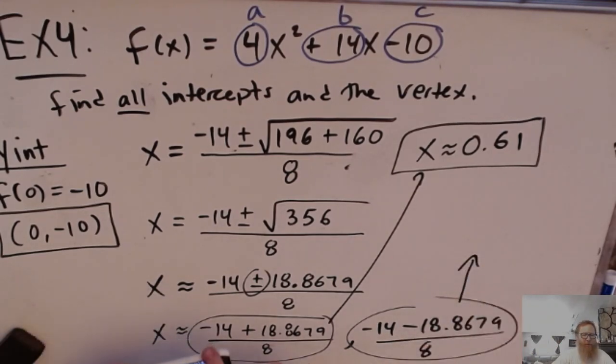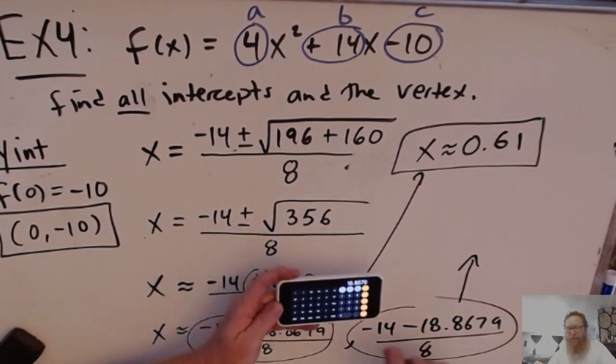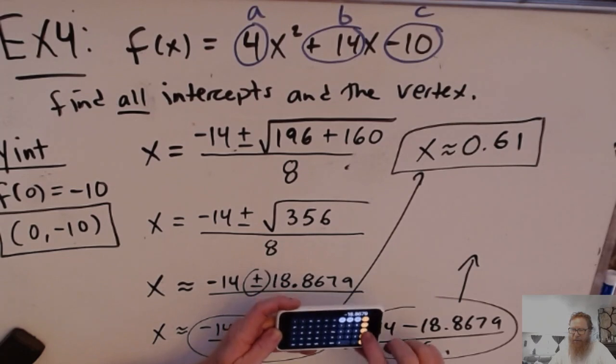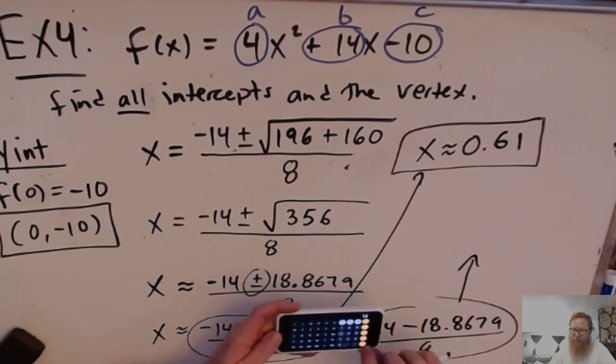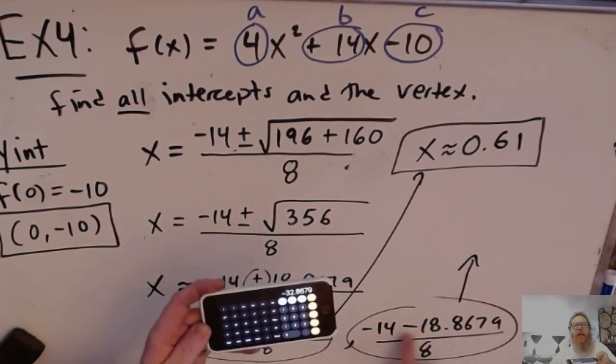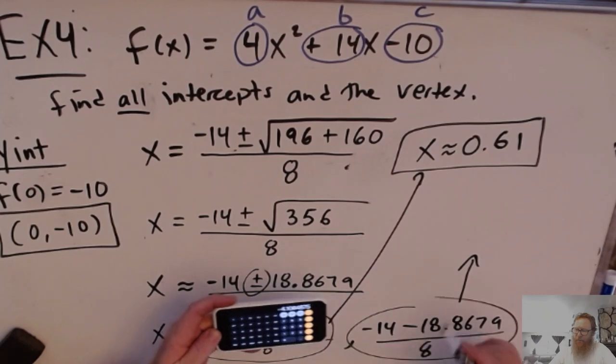And then the other one equals, let's see, 18.8679. Yeah, I'm making that negative. And then I'm adding negative 14. So I get negative 32 and some change. And then I'm dividing that by 8.